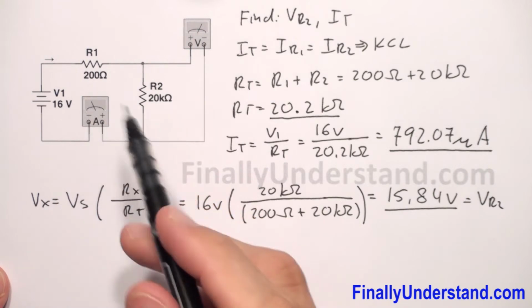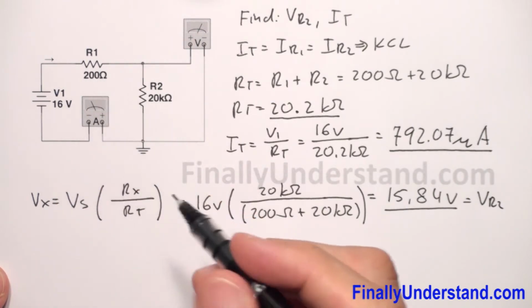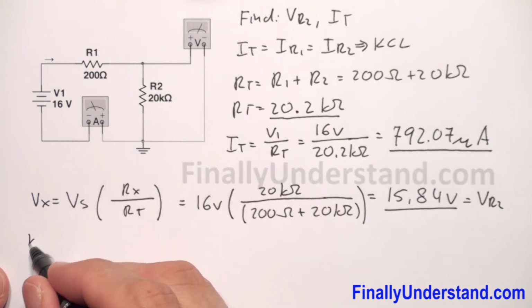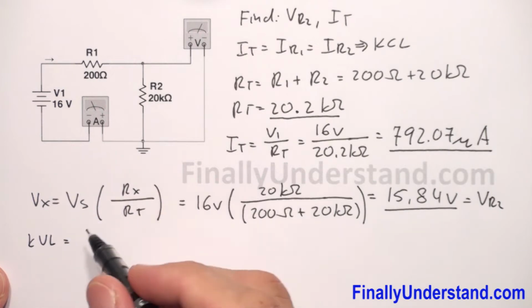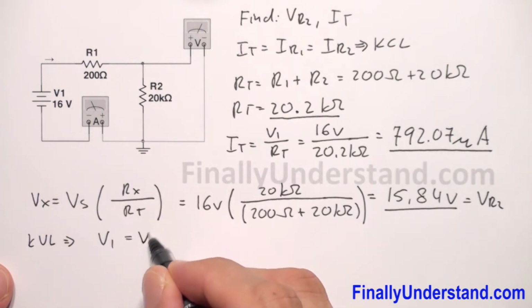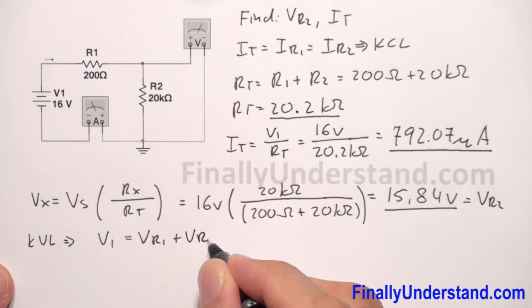In order to make this problem a little bit more interesting, I'm going to find the voltage across resistor R1 as well. To find the voltage across resistor R1, we can simply use KVL, which says that the voltage source, in this case V1, is equal to VR1 plus VR2.